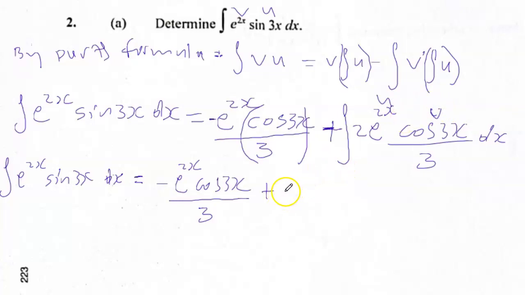So my u, I restate it, I end up with 2e to the 2x, and then my cos 3x over 3, I'm going to integrate that. I end up with negative sine 3x divided by 3 again, so I end up with 9 now in the denominator. This negative and the positive give me negative, so let me just put this negative out here.